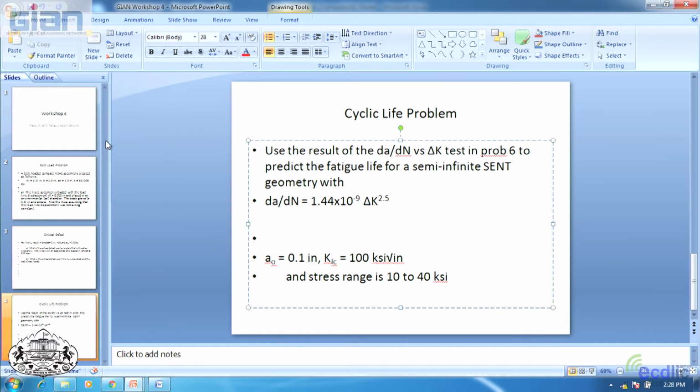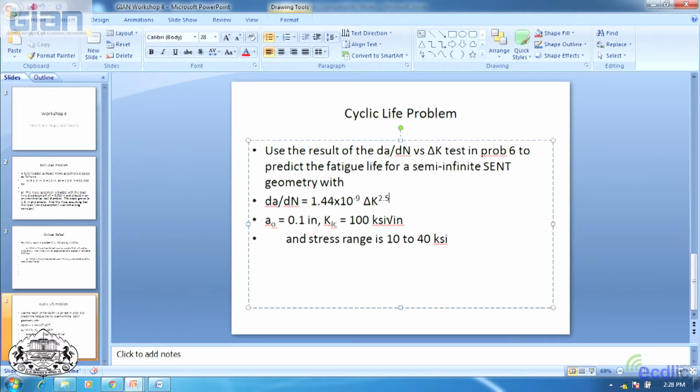Single edge in semi-infinite tension, F remains 1.122 for the whole deal, so you don't change the F. I'll give you a few minutes to work on that. If you have trouble with that one, it's okay, but you should learn it, so we'll go over that carefully, I hope.